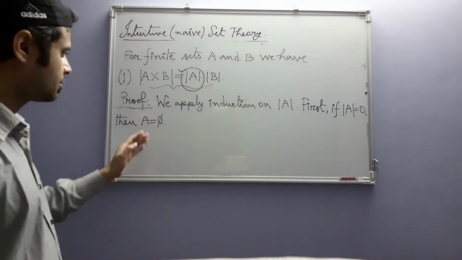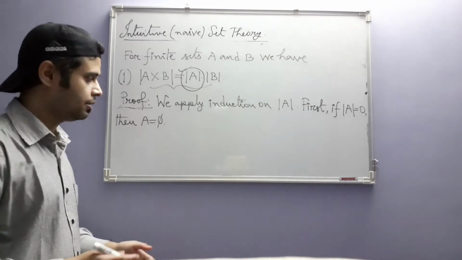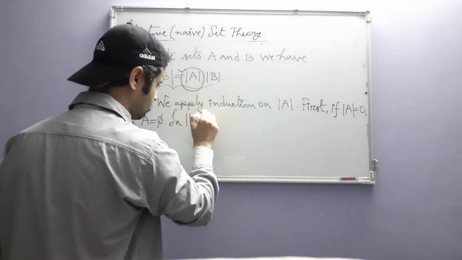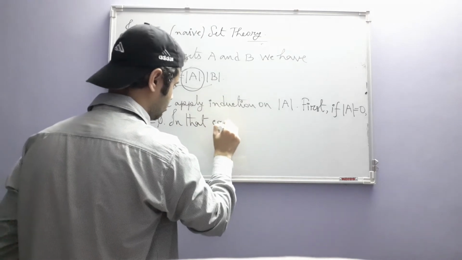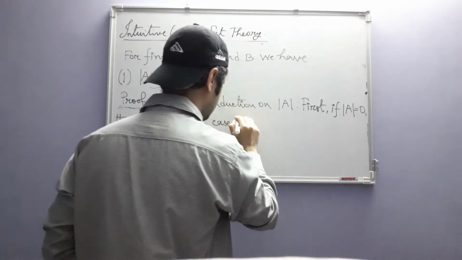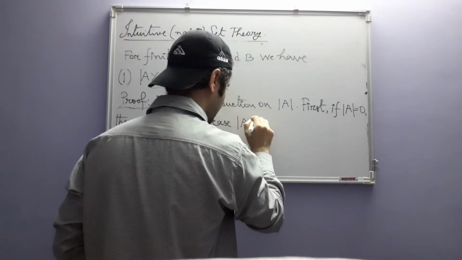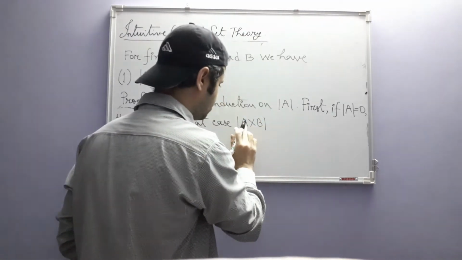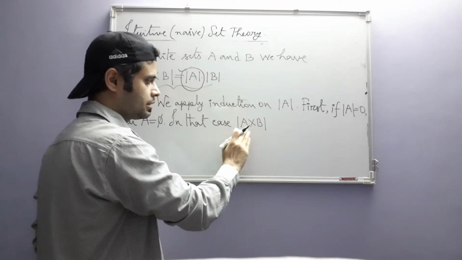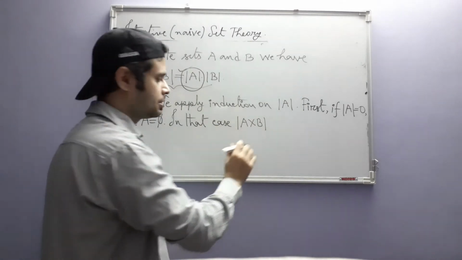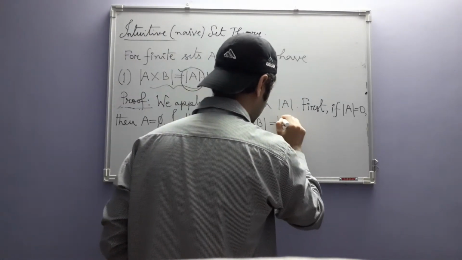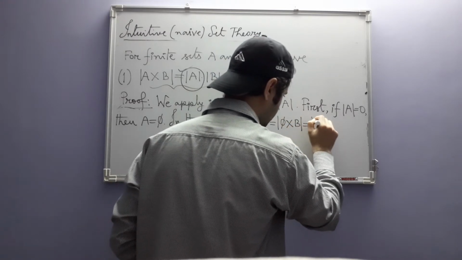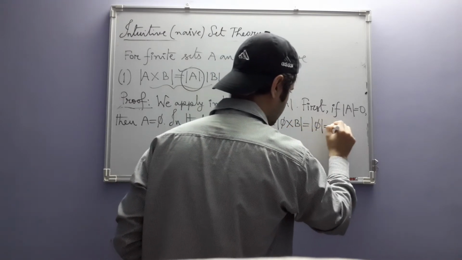So that's why the number of elements is 0. In that case, A cross B: we have just now proved that if one of the sets in a Cartesian product is the empty set, then the product itself is also the empty set, which is 0.